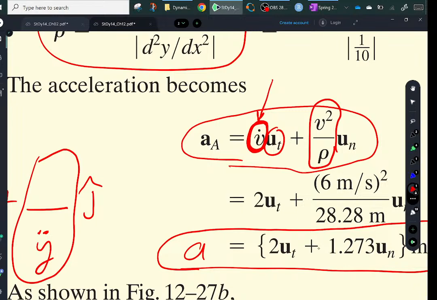So you can actually have an acceleration without changing your speed. Yeah, you can look at it like that. If you think linear is along the path, along your path.